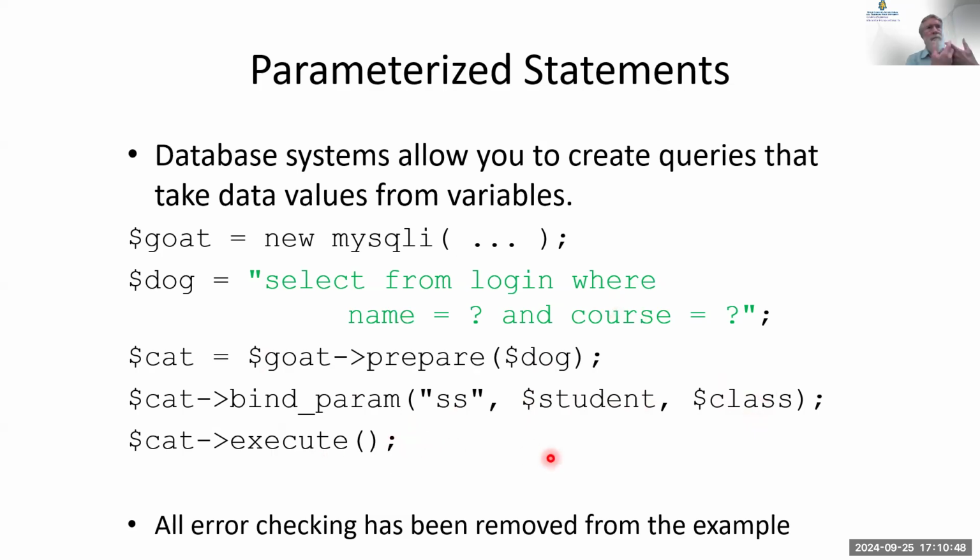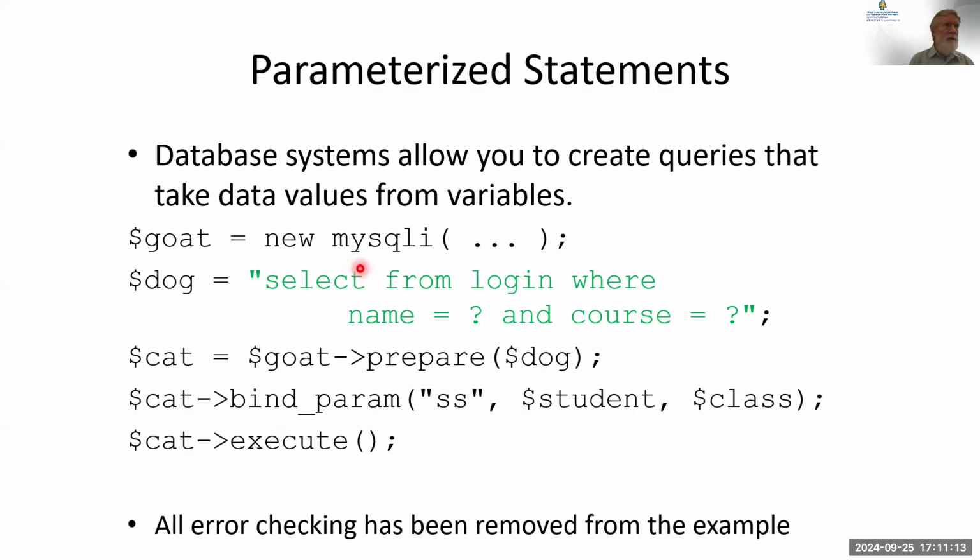So if you put in something like quote, X quote or blah, blah, that's going to become the class that you look for. It just takes that value, whatever strings you have, and uses that as data. There is no potential for SQL injection if somebody's using parameterized statements. So that, of course, is the big answer to solving this problem.